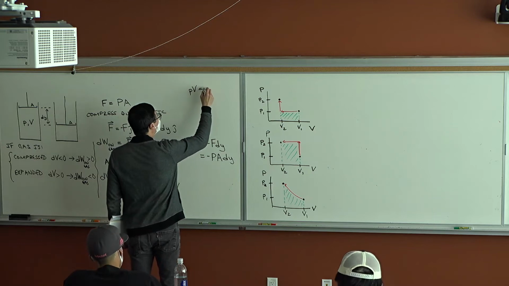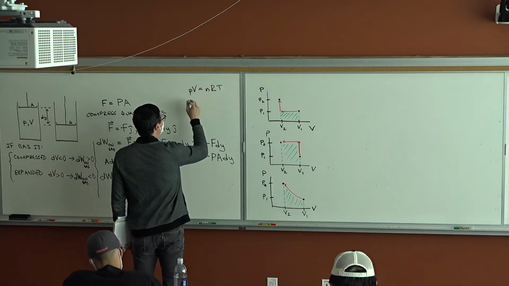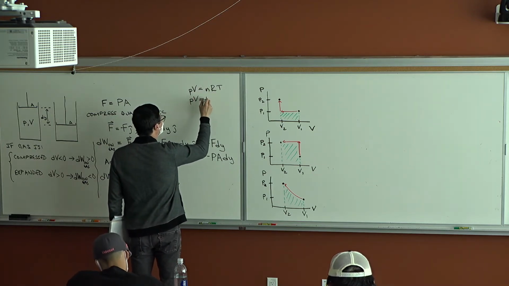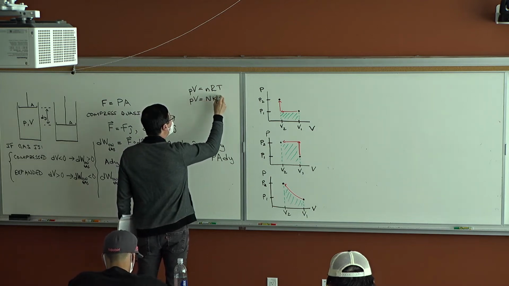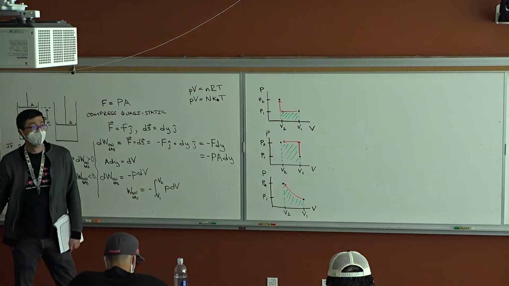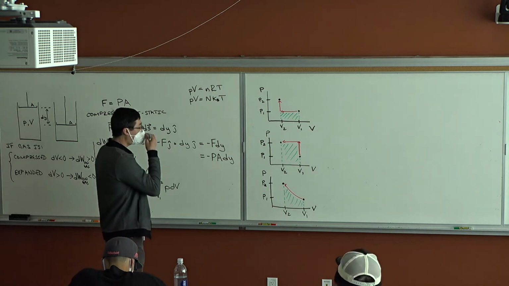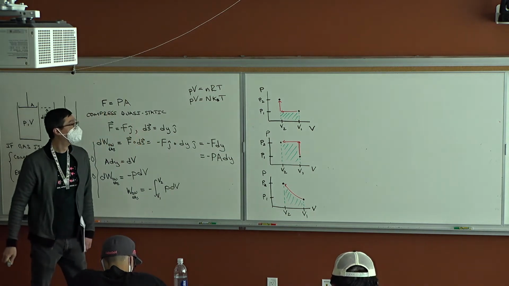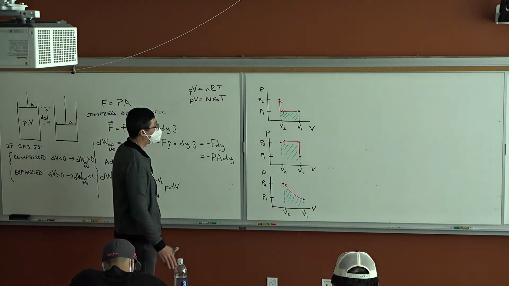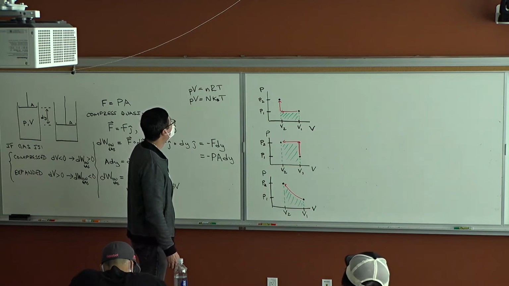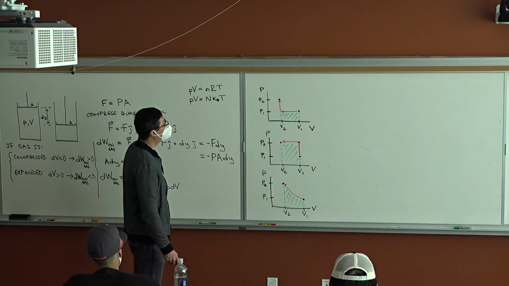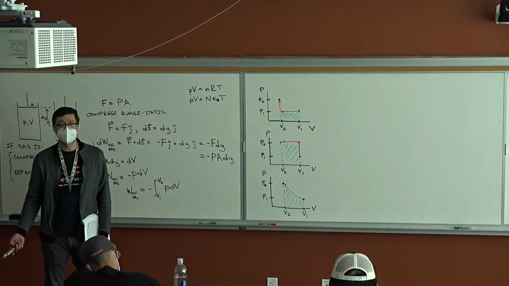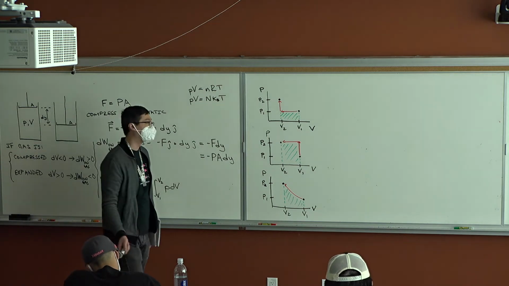So we had that PV went as nRT, or PV equals N k_B T. And so we're going to look at some special cases of going from one state to another state.